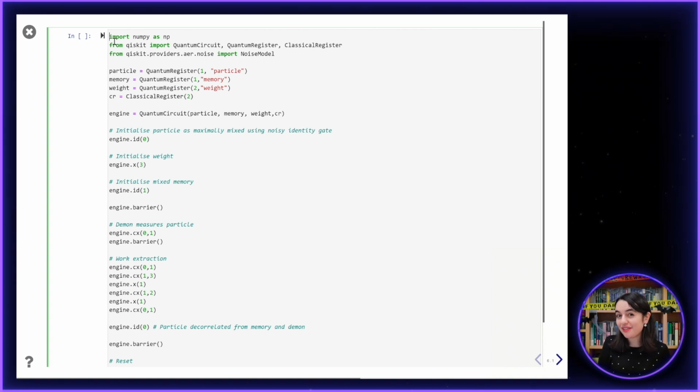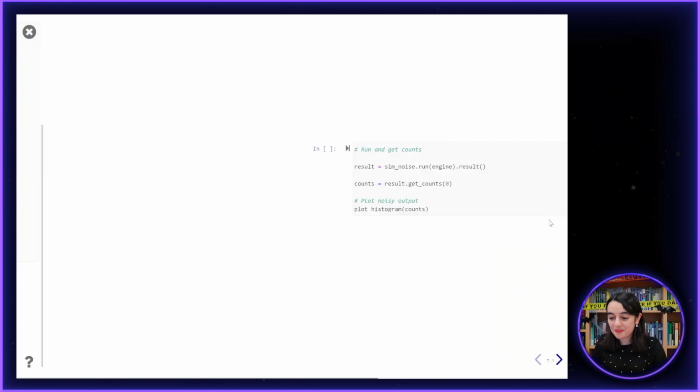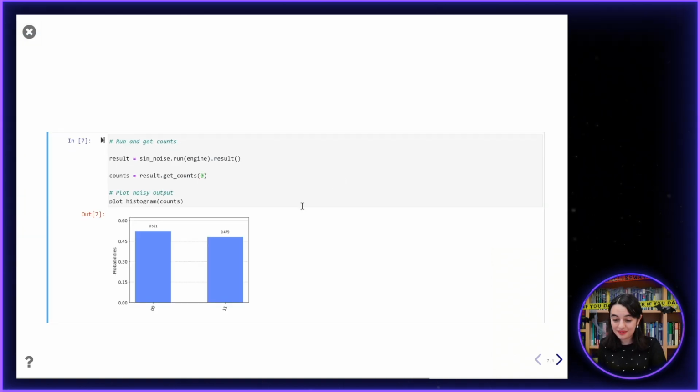But what would happen if we didn't do that reset and tried to get away with reusing the memory without returning it to a blank state? Well, we can try it by starting off our memory qubit as a maximally mixed state. What I've done here is I've added in an identity gate, which is going to be noisy, to the beginning of the memory qubit, and then we can run it to see what happens to the weights at the end of the circuit.